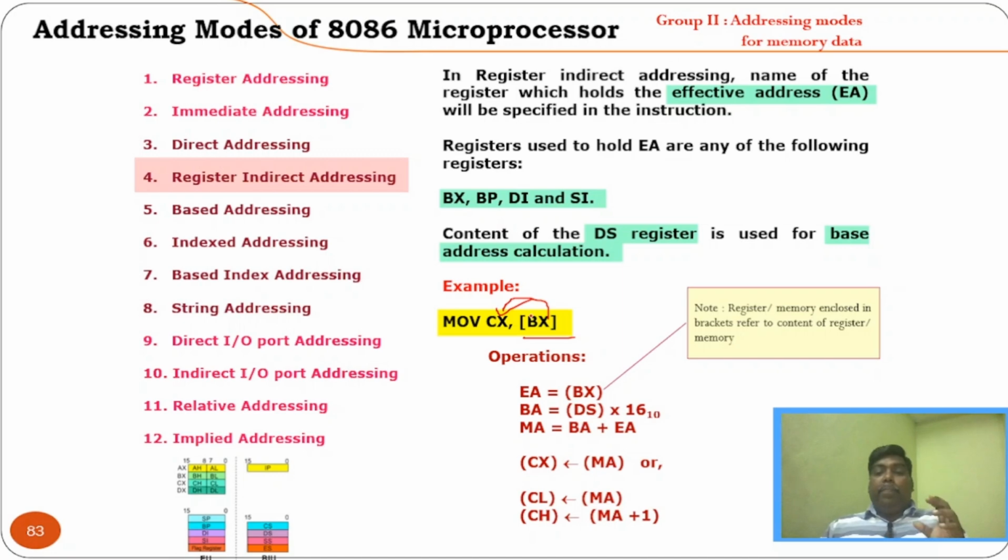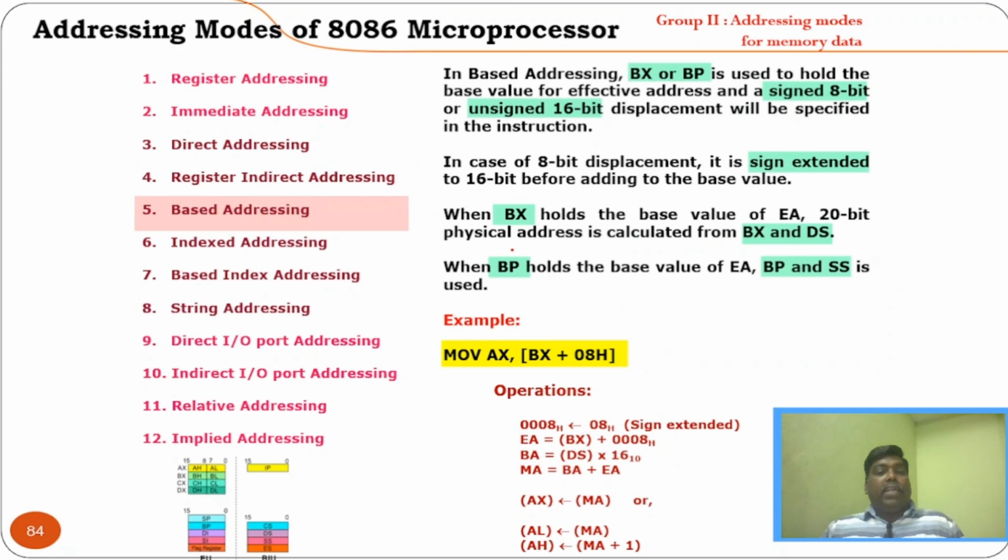And in register indirect addressing, we can use the registers BX, BP, DI as well as SI, right? This is register indirect addressing, where instead of using the address directly, we use the effective address through the register, right? And similarly, we will see what is base addressing.